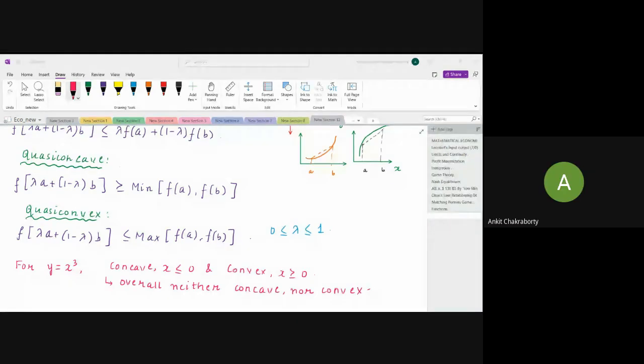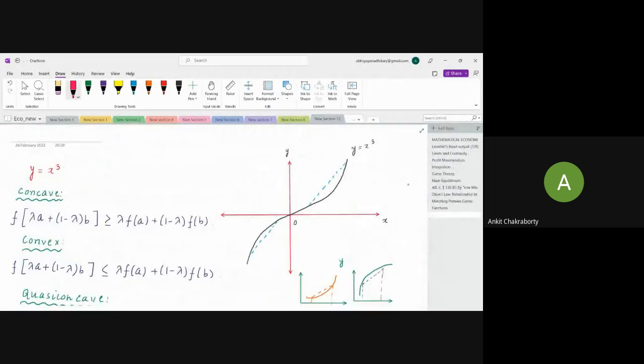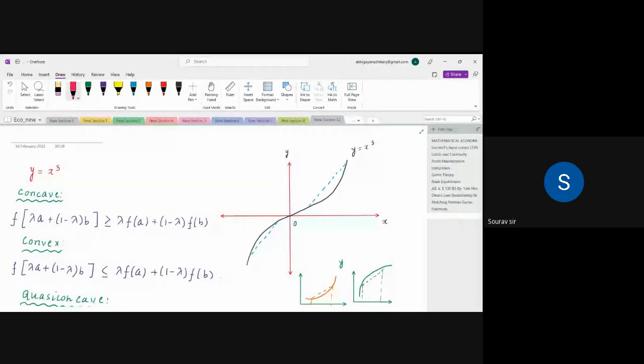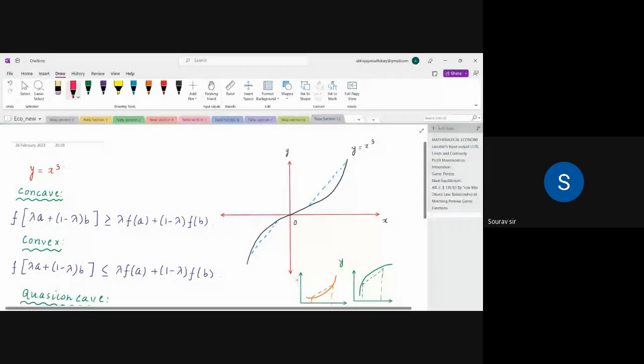So, in the diagram, how can we say that it is above the curve or below the curve? Above the curve or below the curve in which respect? With respect to the x-axis.